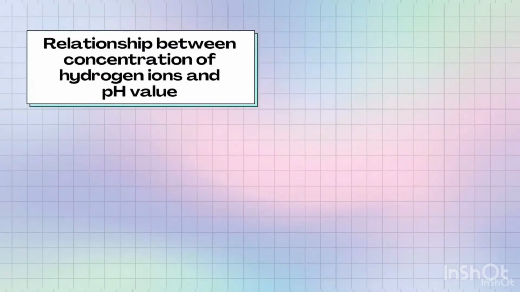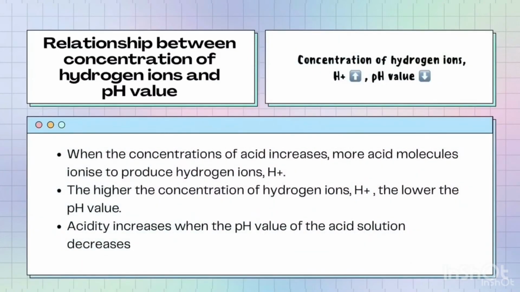So now we're going to learn about relationship between concentration of hydrogen ions and pH value. Okay, so when the concentration of acid increases, more acid molecules ionize to produce hydrogen ions. The higher the concentration of hydrogen ions, the lower the pH value. Therefore, acidity increases when the pH value of the acid solution decreases.